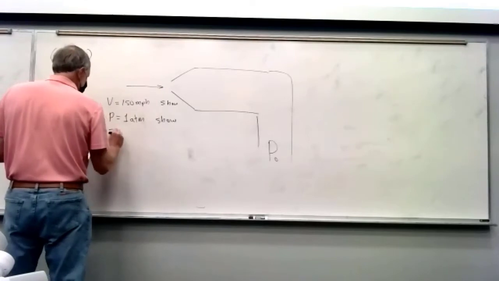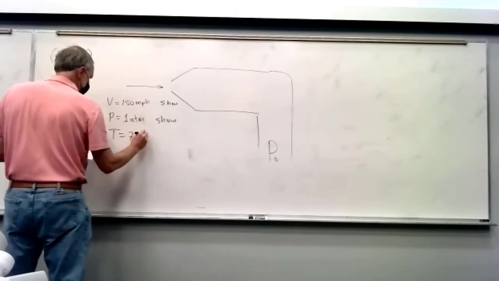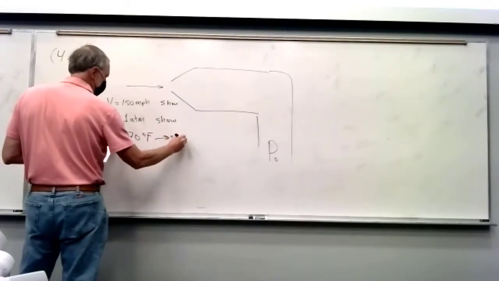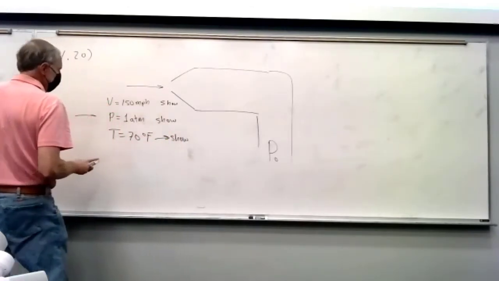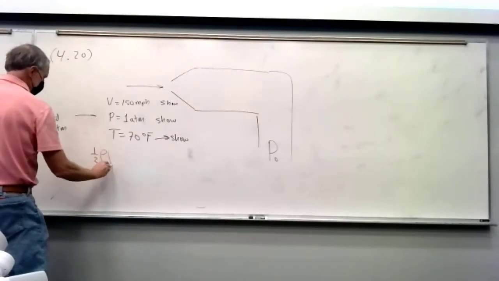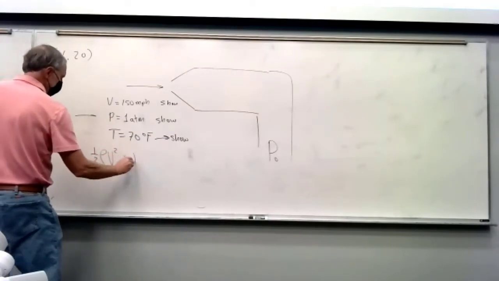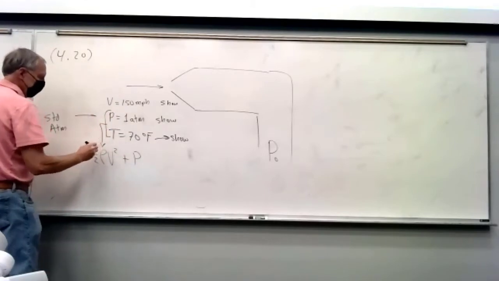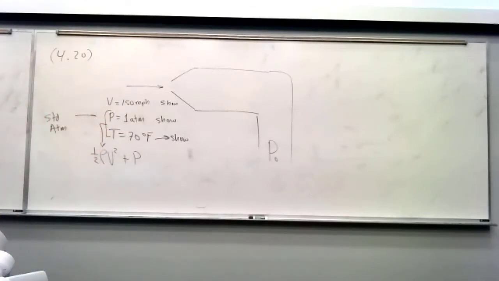Let's see, they give you the temperature here. So again, you're going to have to convert. And so we need 1/2 rho V squared plus P. And so you're going to have to use these to calculate density using ideal gas because we don't have the density given.